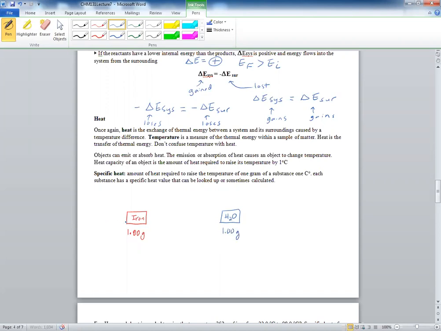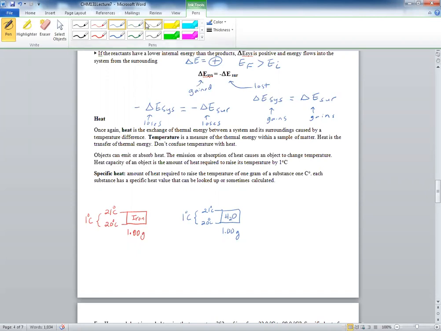And I need to raise both by 1 degree. So one starts at 20 degrees Celsius and needs to go to 21. Of course the difference is 1 degree Celsius. Same thing with water. You want to go from 20 to 21, so the difference is 1 degree Celsius.